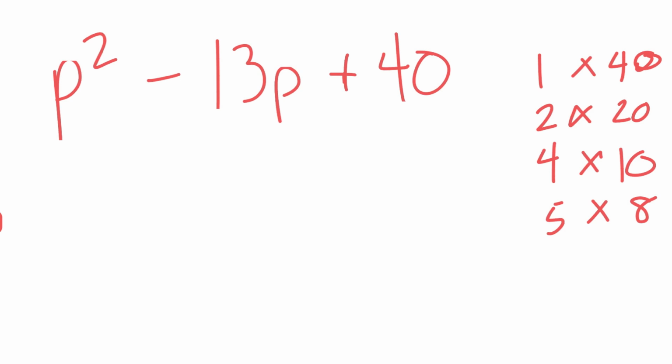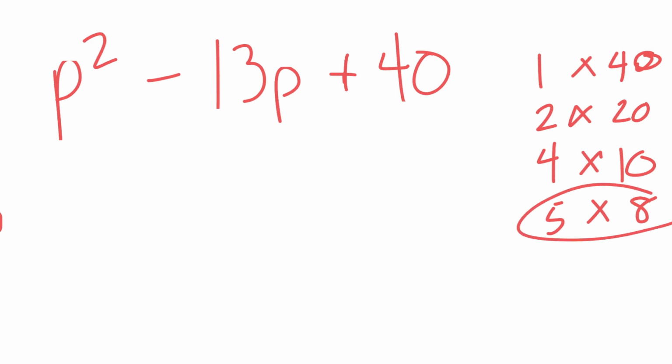6 does not work evenly, 7 does not work evenly, and then that gets us back to 8, which we already have written down. So again, if we want a combination that is going to make negative 13 in this case, that means probably either I'm going to need a much bigger number that's a negative, or both of my numbers are going to be negative.